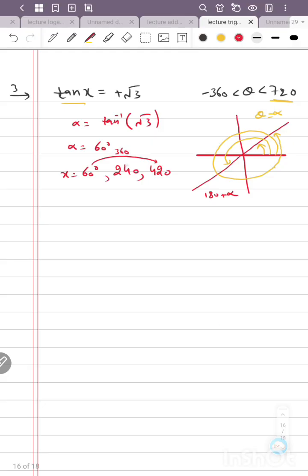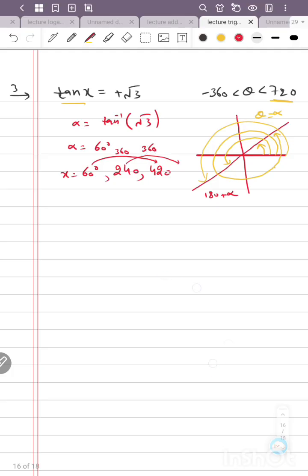Now similarly, when we add 240, we have to complete 360, and then go on to add 240 more, or we can easily write it as plus 360.